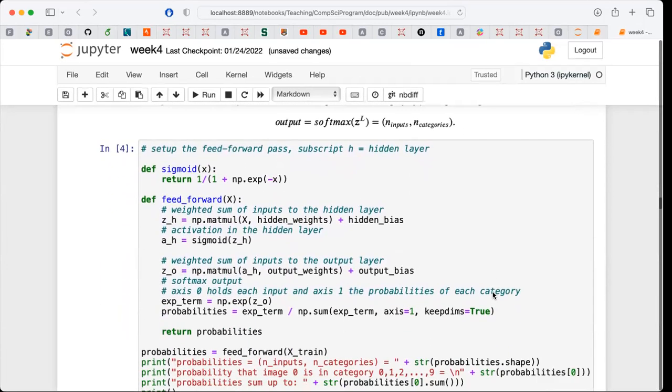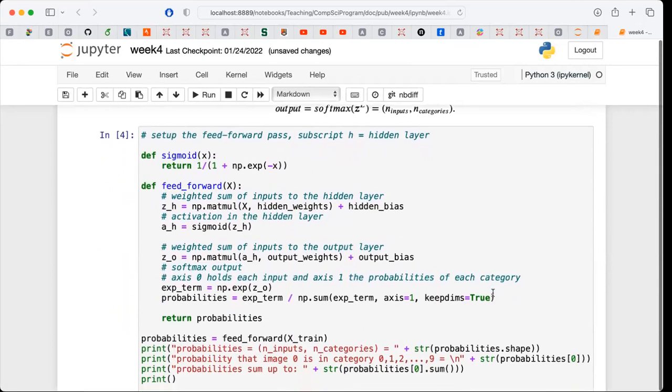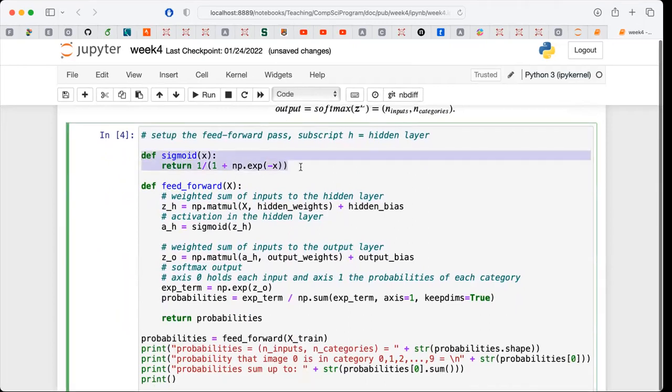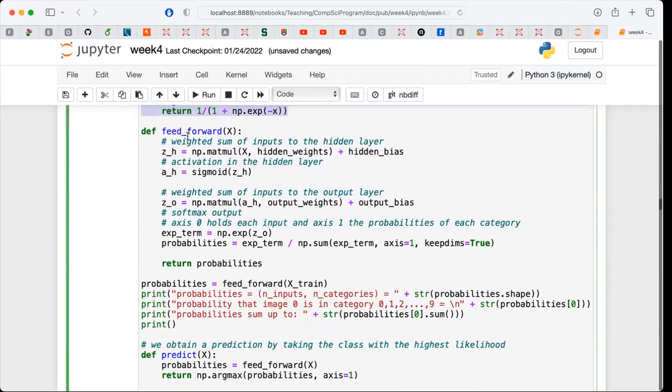So if we then look at the feed-forward pass, what we would have then is the sigmoid function for the hidden layer. We are setting up the inputs to the sigmoid function by setting up the matrix multiplication between the feature matrix and the weight matrix. We add the biases, and then we have the inputs to the activation function.